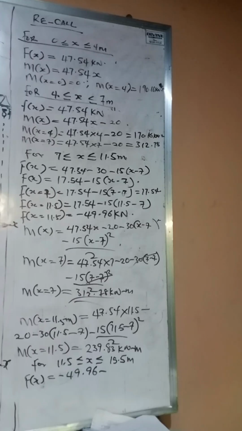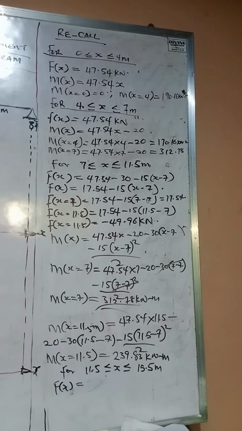All right, so I've written the last zone. It's time for us to begin to substitute the values of x from 0 to 4, 4 to 7, 7 to 11.5, 11.5 to 13.5, and 13.5 to 15.5.